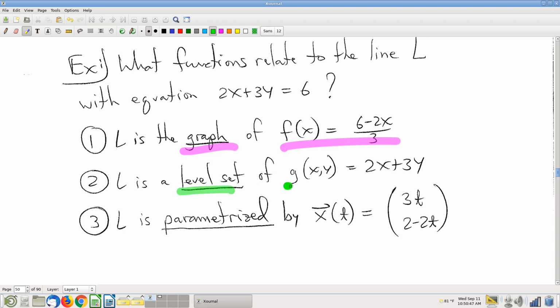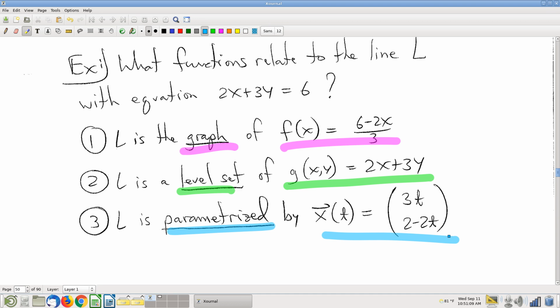It's a level set of this, let's recognize, very different function. And it is parameterized by this third, very different function. Now, we've got 3 different functions there. The calculus of these 3 different functions is going to be totally different. They're describing the same line.